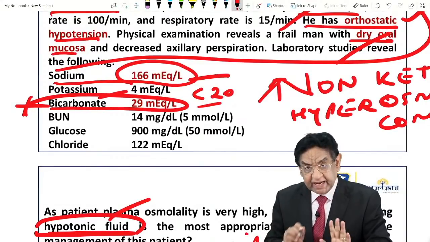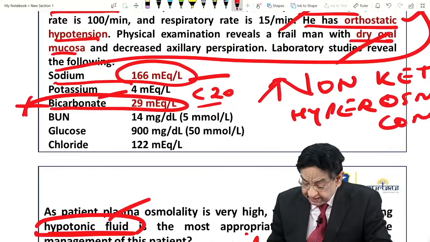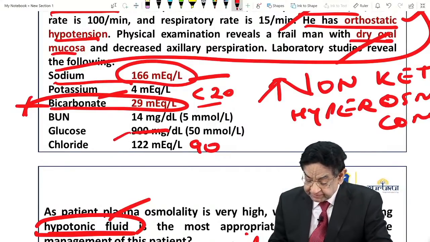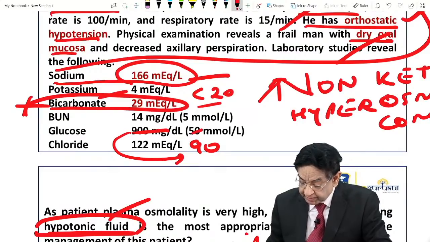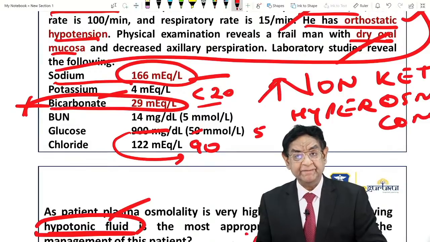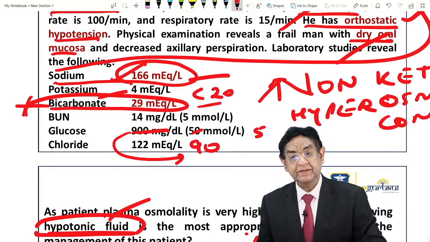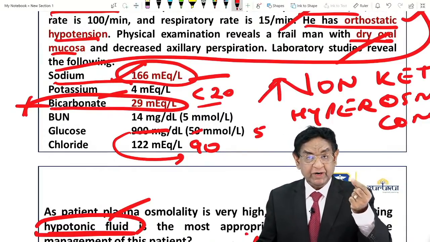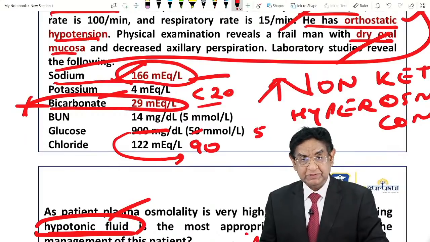Suppose every parameter is the same, but sugar is 90 milligram percent, or 5 millimole per liter, and sodium remains the same. Then what could have been the diagnosis?